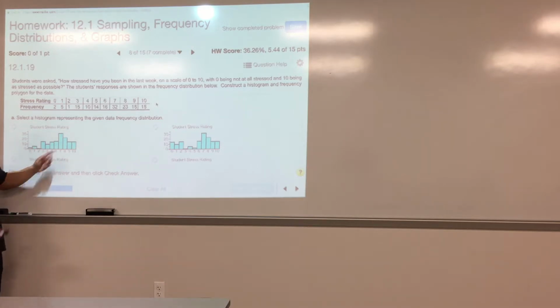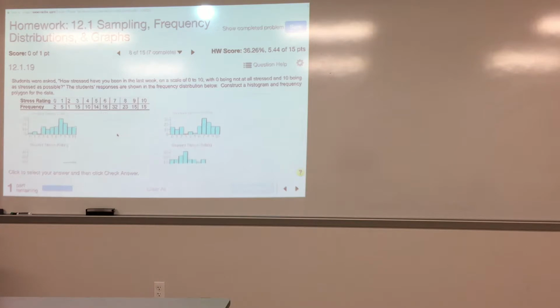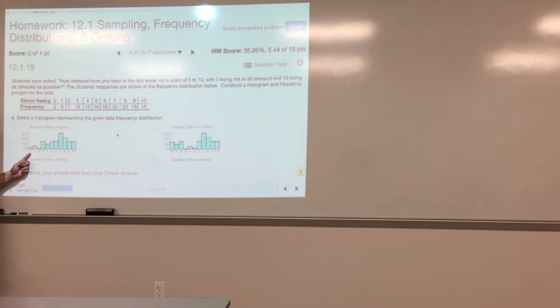So bar graphs are also known as frequency histograms. Okay, so it's a histogram. So if they ever ask for a histogram, in other words, they're asking for the bar graph that corresponds to your data set. Well, let's take a look here. We have 4 of them. Let's just go through the first 2 and see if either of these are good. Does this one work?